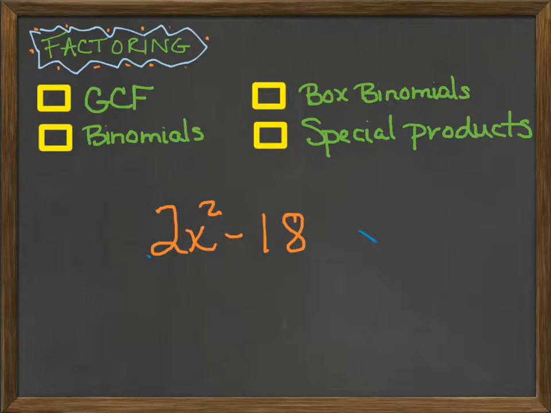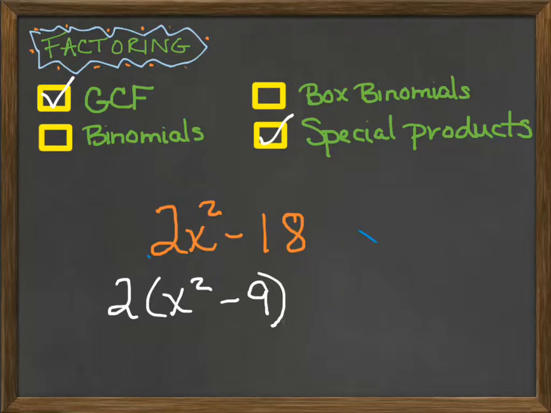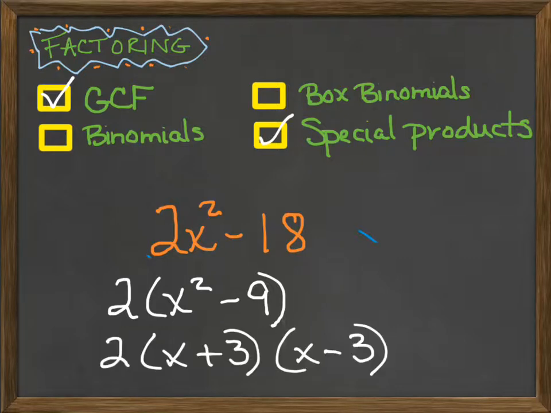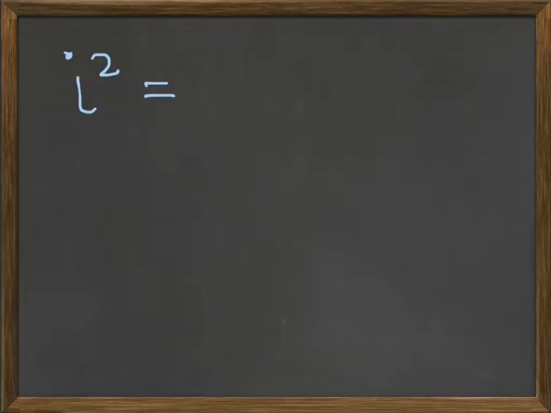Is there a GCF? Yes. Factor out a 2. Inspect it again. Can we factor it any further? Yes. There's a special product. It's in the a plus b, a minus b template, which is x plus 3, x minus 3 in this situation.